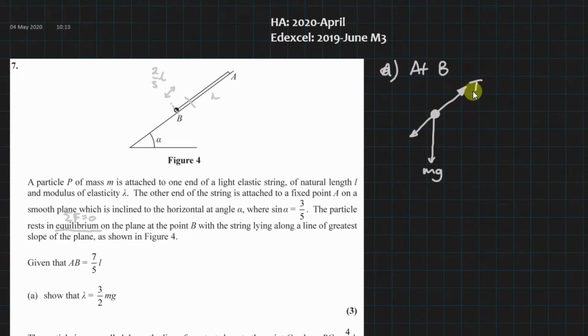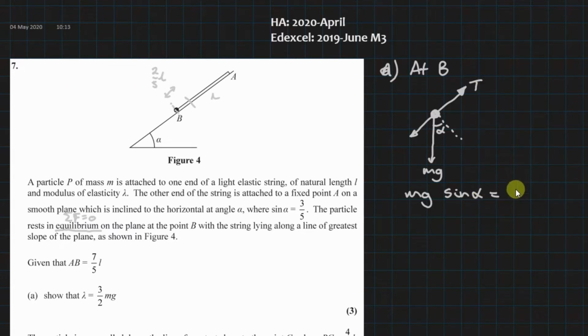So what we have is our weight coming down, which is mg sine alpha. Okay, so we want the sine of alpha, which is in here. So mg sine alpha, because we're at point of equilibrium, equals the tension.